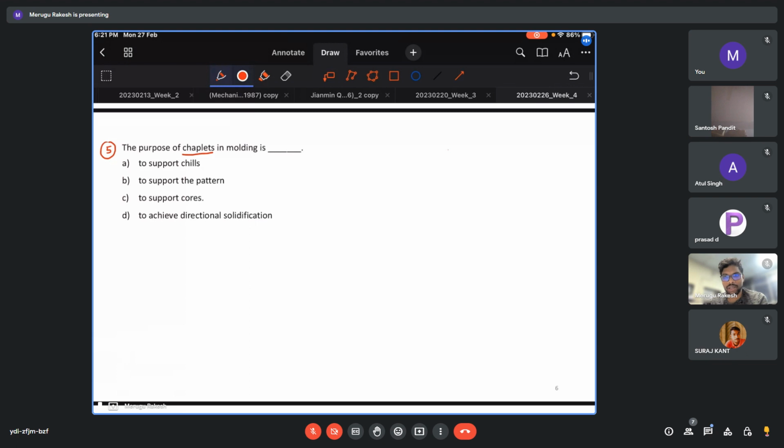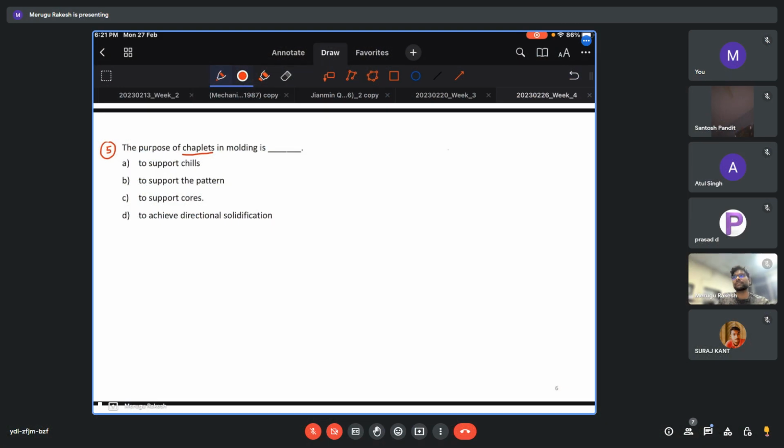Why do you need a support for a pattern? What is the purpose of chaplets?